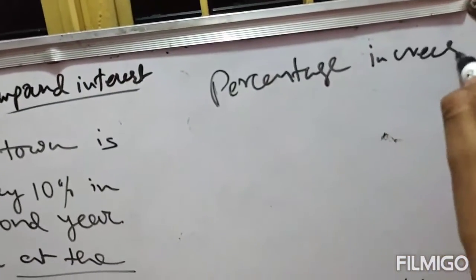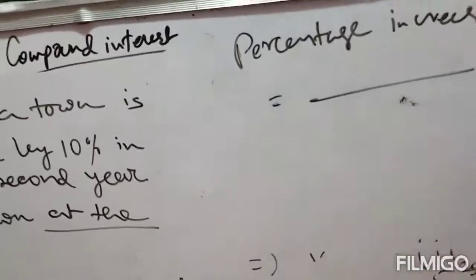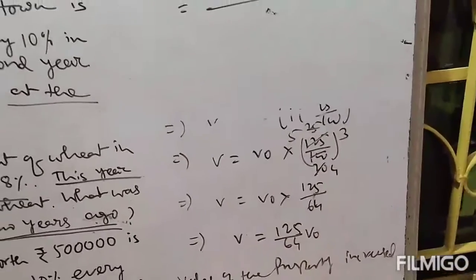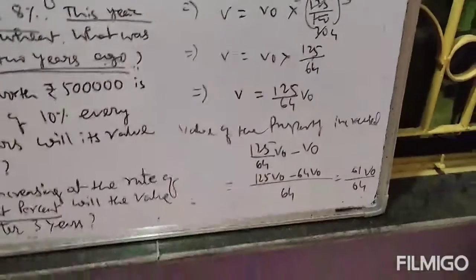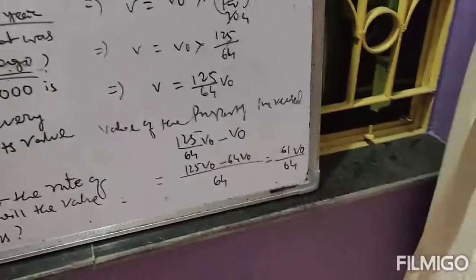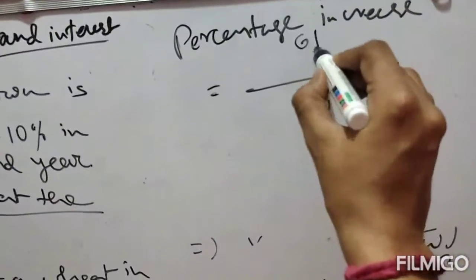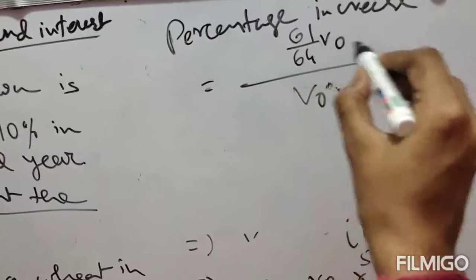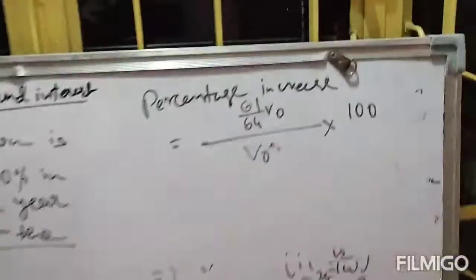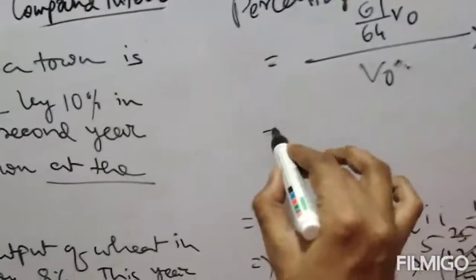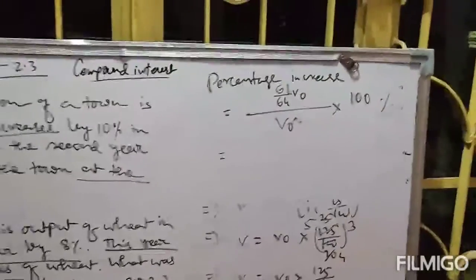Percentage increase is over the initial value of the property. What was the present value? The present value was V0. How much did the property increase? It increased by 61 by 64 V0. As we are extracting percentage, it will be multiplied by 100.